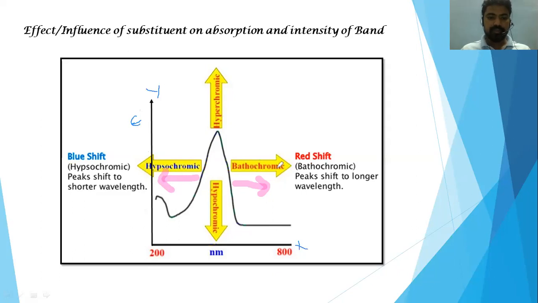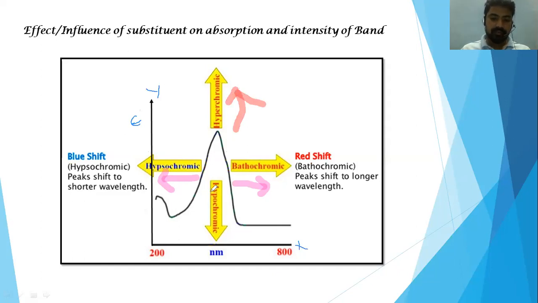Similarly, if the absorption intensity, the peak height, is increased to a higher value, that is called hyperchromic shift.